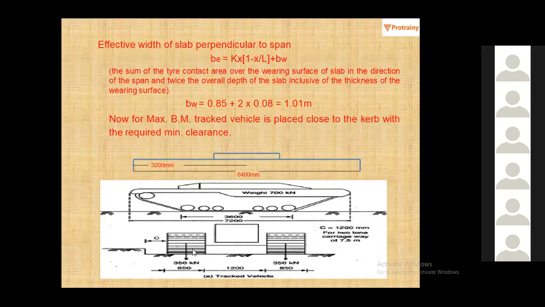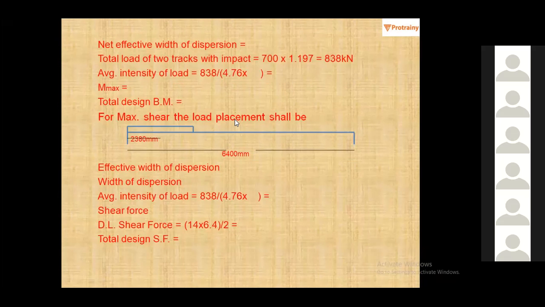because of both these tracks, ये जब ट्रैक आपका मूव करेगा 6 मीटर स्पान पे, it is going to move from point A to point B. तो जिस भी पोजीशन पर ये ट्रैक होगा, उस पर्टिकुलर ट्रैक का जो भी डायमेंशन है 3.6 by 850 एक ट्रैक है, 3.6 by 850 दूसरा ट्रैक.